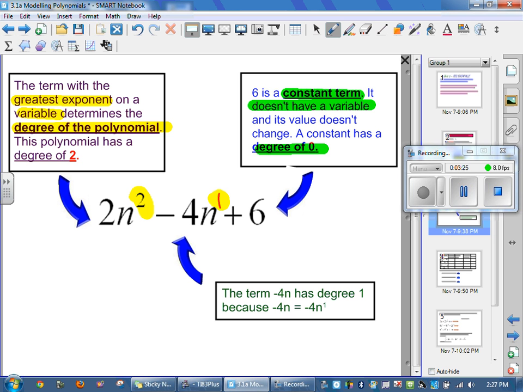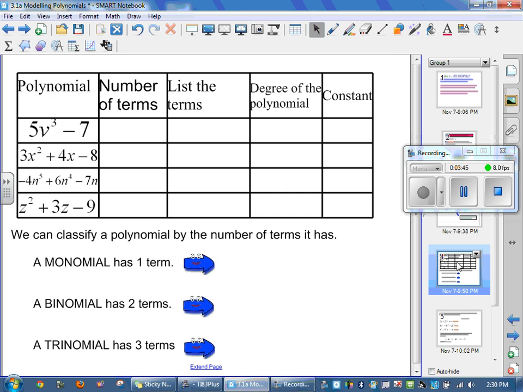So the number 6 right here doesn't have a variable, so it's considered a degree 0. This one is telling us the term negative 4n has a degree 1, like I show you here, because the 1 is hiding.